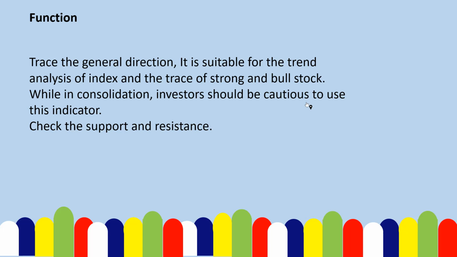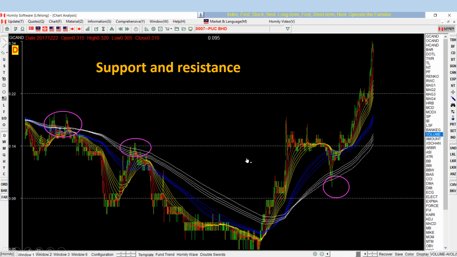While in consolidation, while in sideways, investors should be cautious to use this indicator. And also it can help us to check the support and the resistance level. In the uptrend, the rainbow lines will be the support of the price. And in the downtrend, the Homely rainbow lines will be the resistance of the price.